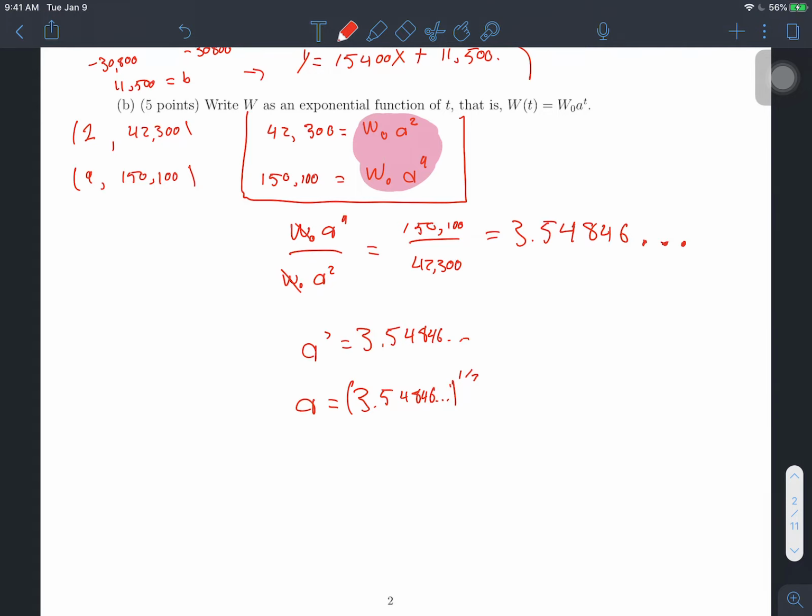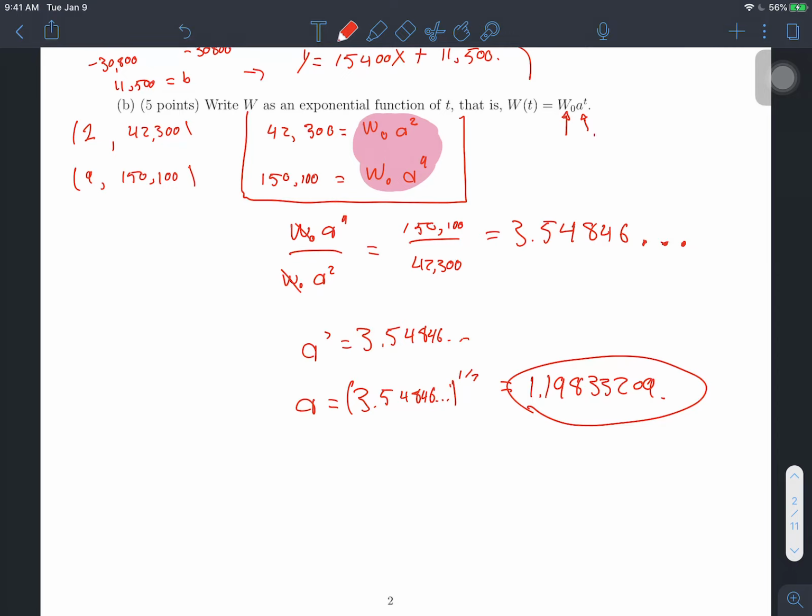And if I do that, I get 1.198333209. Okay, so that's my A, which is great because now I know one of the two things which I didn't know before. I need to figure out what A is, and I need to figure out what W naught is.